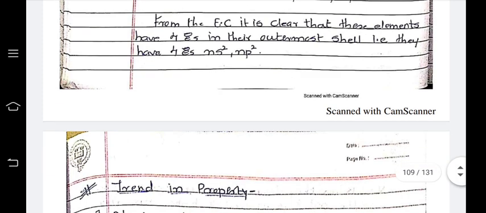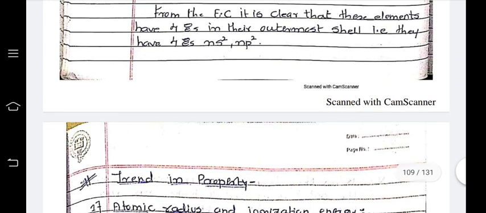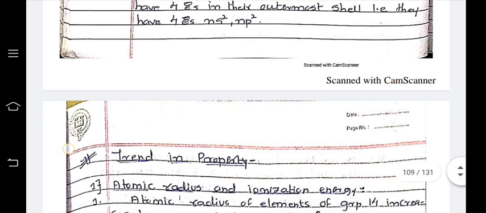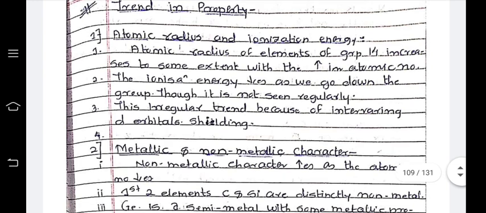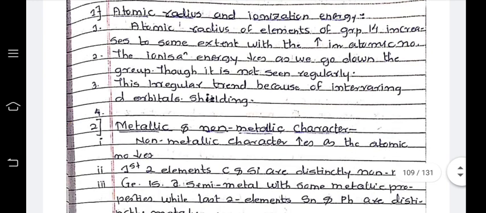From the electronic configurations, it is clear that these elements have 4 electrons in their outermost shell, that is ns2 np2. Trends in the properties: atomic radius and ionization energy.